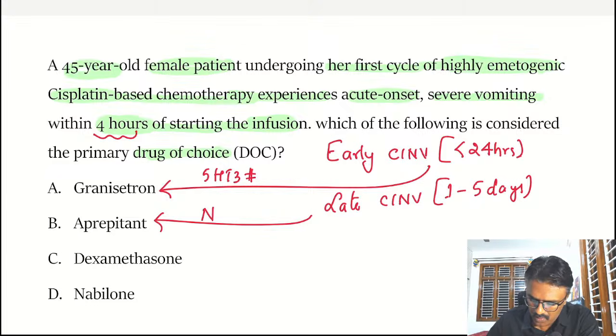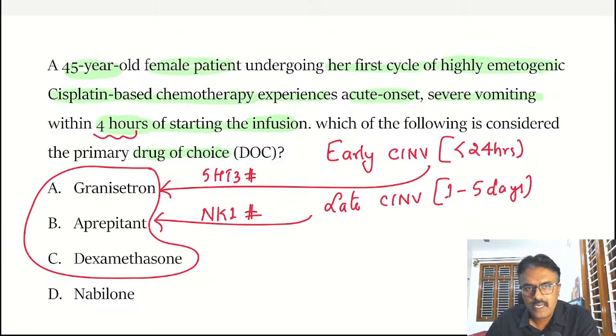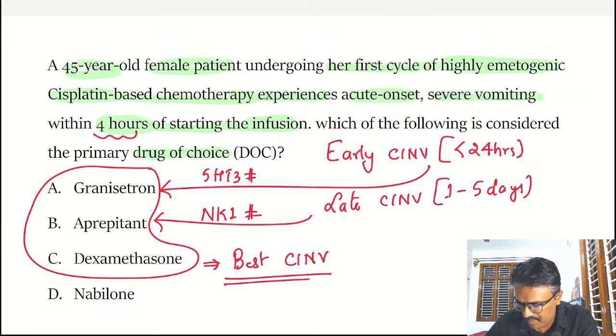They are neurokinin 1 antagonists. Sometimes we also have steroid. So these three combination, setron, pitant, dexamethasone, are the best combination for a CINV case.